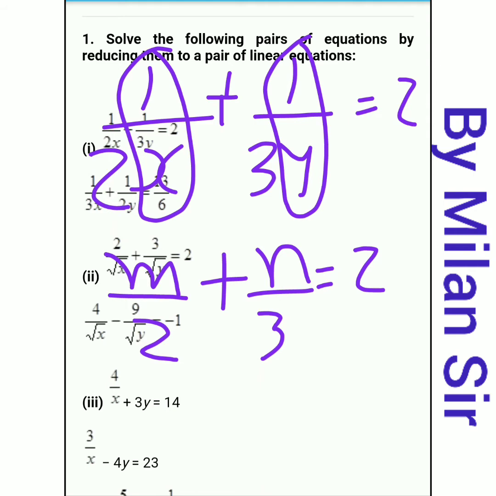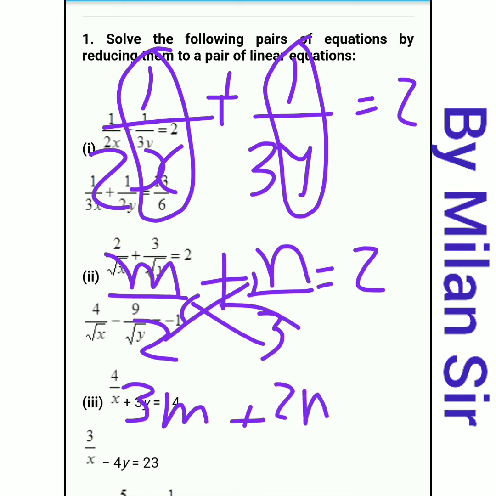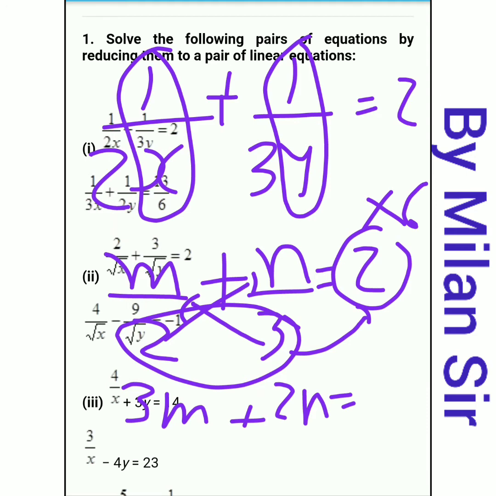Now for simplification we can take the LCM. 3 goes with m, so 3m. 2 goes with n, so 2n, and the LCM of 3 and 2 is 6. That we need to transfer to the right-hand side, so 2 multiplied by 6 is 12.